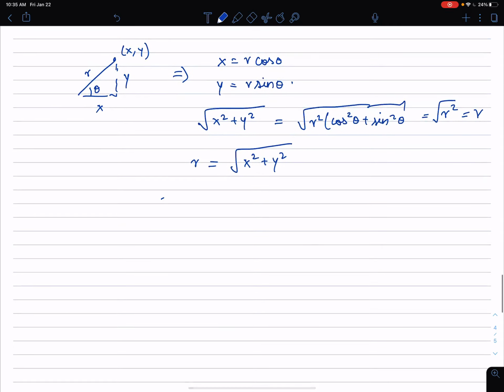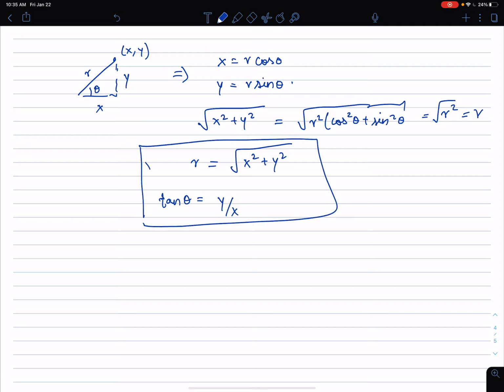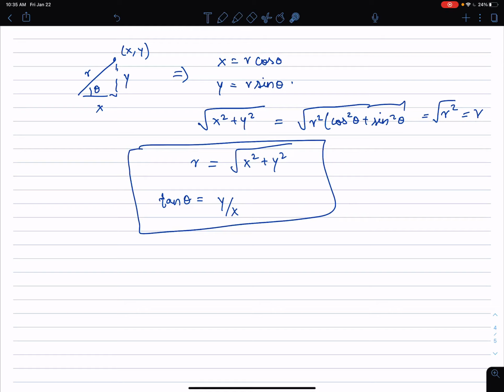And you can do tan theta equals y over x. Okay. So both of those things work for converting from x comma y to r, theta.